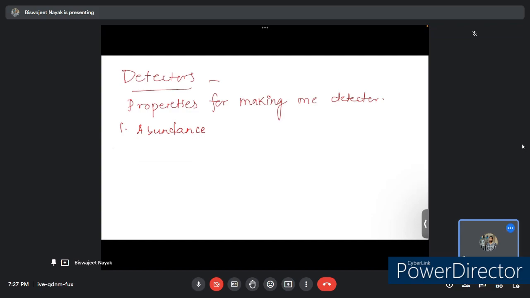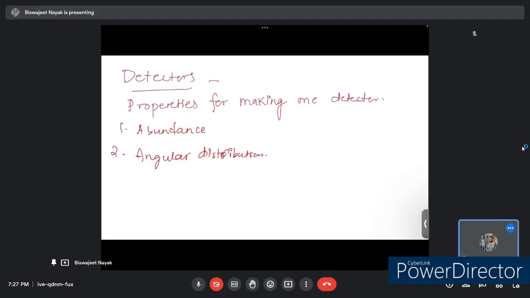And the next point is angular distribution. Knowing the trajectory of these backscattered and secondary electrons after leaving the specimen is very important, for where this detector should be placed so that it will intercept the signal.